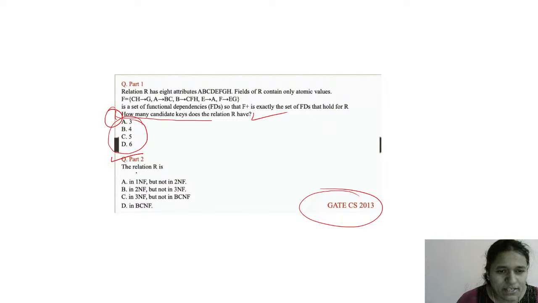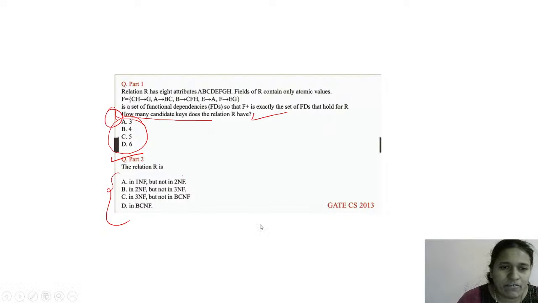Next, the second question is, we have to find which normal form the given relation is in. 1NF but not in 2NF, in 2NF but not in 3NF, in 3NF but not in BCNF. We have to see which normal form is the given relation.